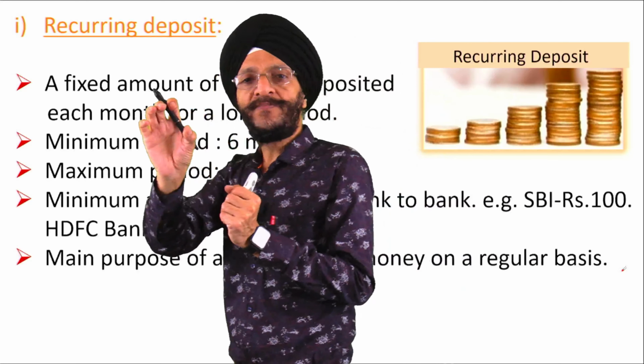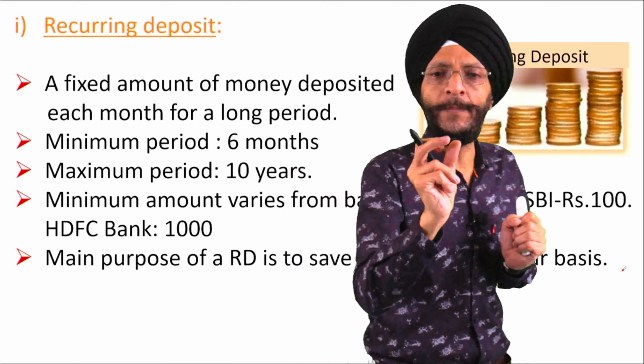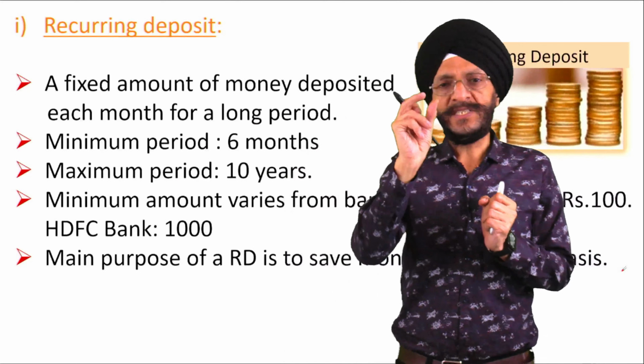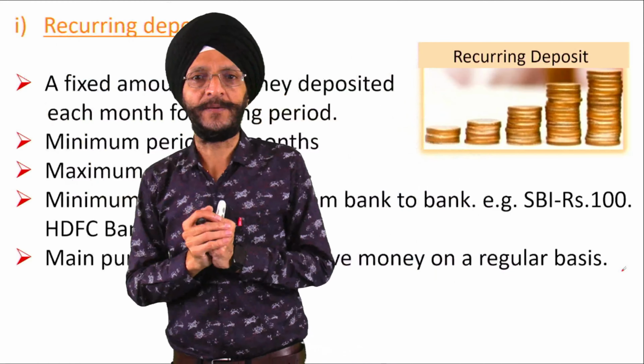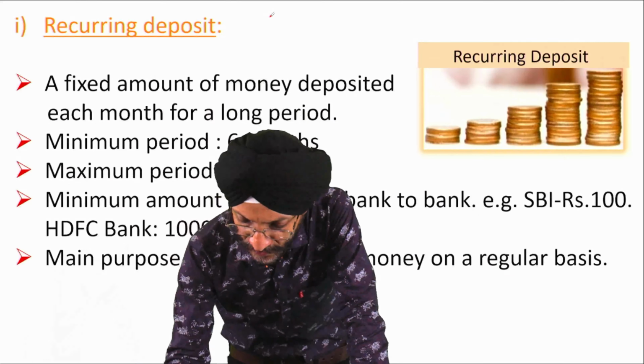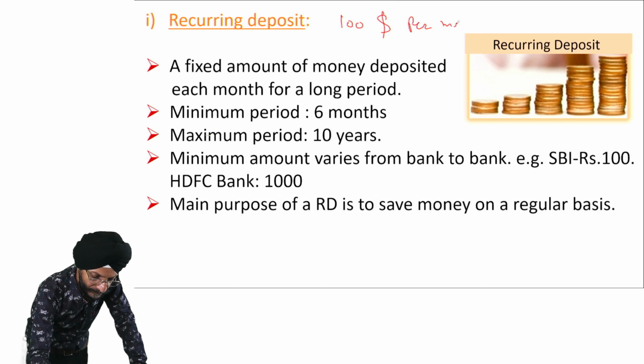Recurring in the recurring deposits means that we have to deposit some fixed amount each month for a specified period. It may be possible that we deposit $100 per month for, say, 1 year.